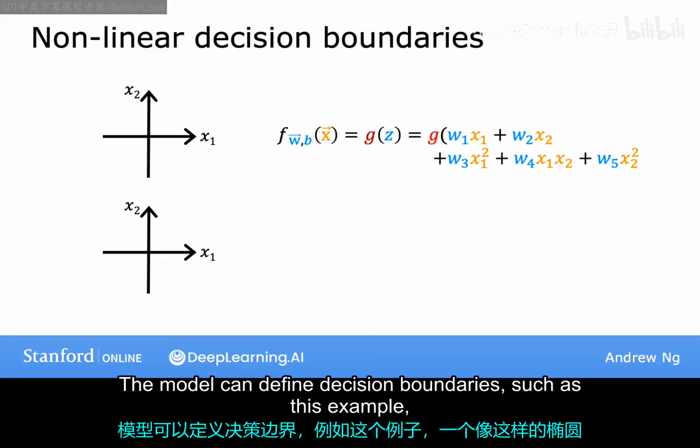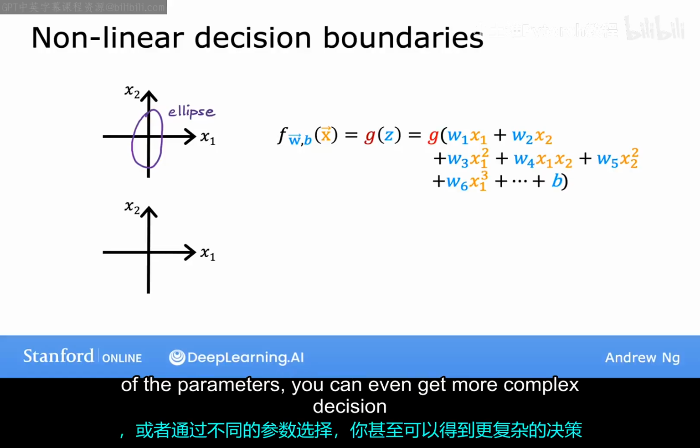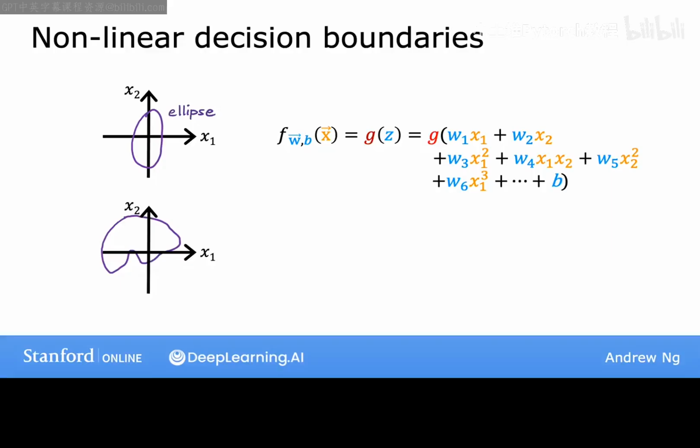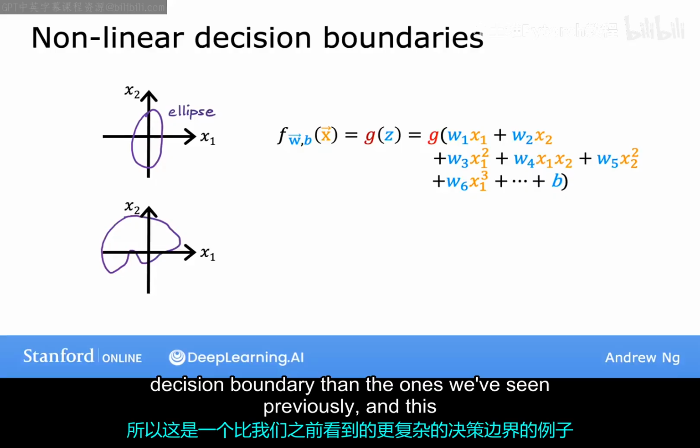The model can define decision boundaries such as this example, an ellipse that's like this, or with a different choice of the parameters, you can even get more complex decision boundaries, which can look like functions that maybe look like that. So this is an example of an even more complex decision boundary than the ones we've seen previously.